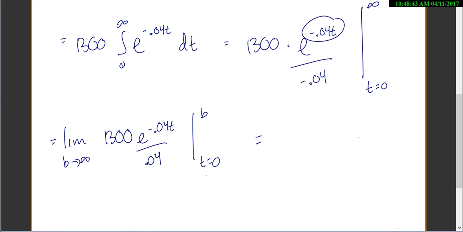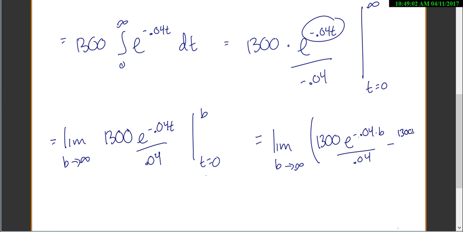So when you take the limit, or let's go ahead and plug it in. Let's plug in our limits first, I guess. As b goes towards infinity, we're going to do the 1300 e to the negative 0.04 times b over 0.04 minus 1300 e to the negative 0.04 times 0 over 0.04.